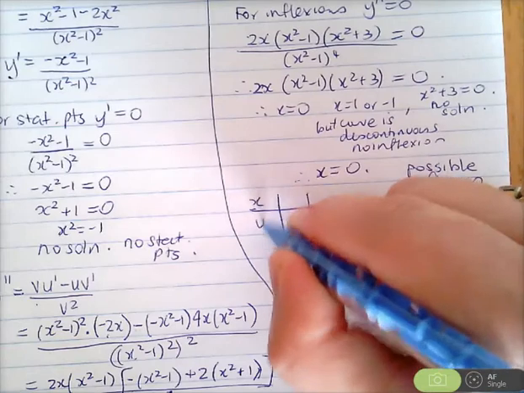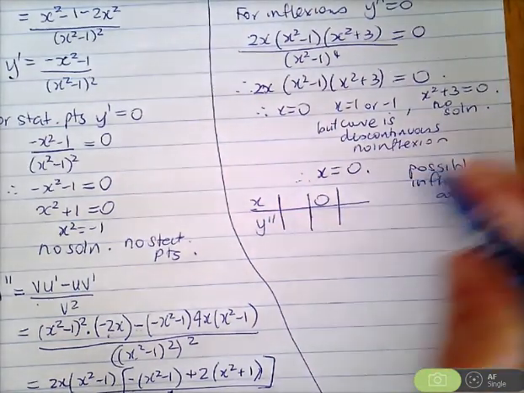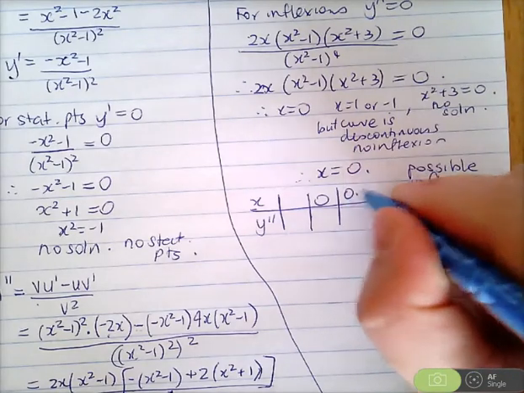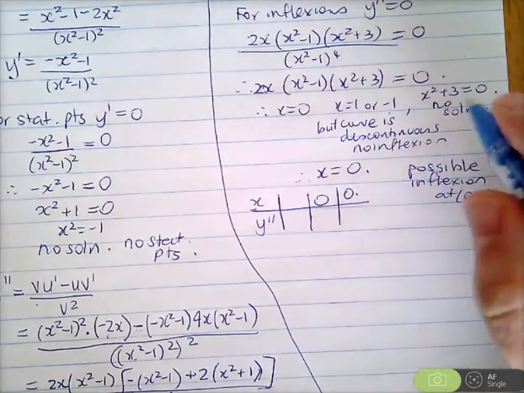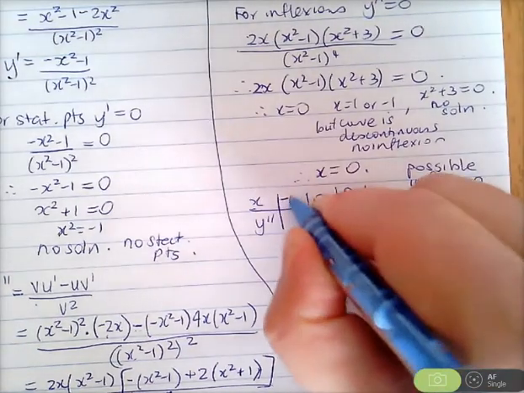So we've got x and the second derivative, we've got 0. And just looking at a point either side of that 0, we can do 0.1 and negative 0.1.